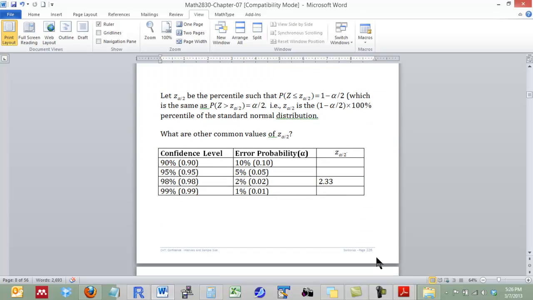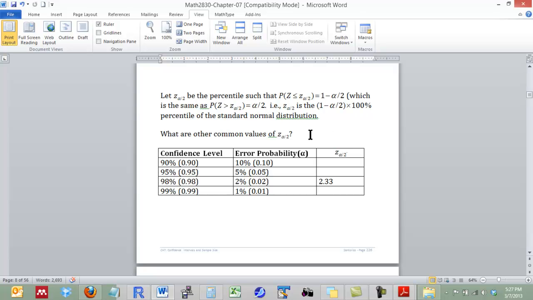We're going to have a z, and on the bottom you see this alpha over 2. We're going to call that a percentile, and we're going to match it such that the area underneath it is 1 minus alpha over 2. Or if you like flipping that around, the probability of a z over it is alpha over 2.